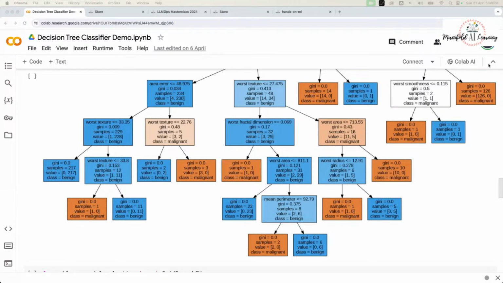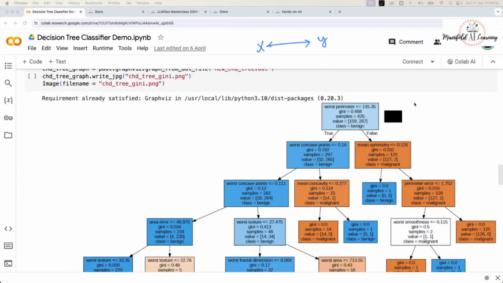So in the last session, when we discussed the decision tree algorithm, we said that the algorithm is going to find the pattern between my input and output, that is between this X and Y, using a tree-like structure like this.